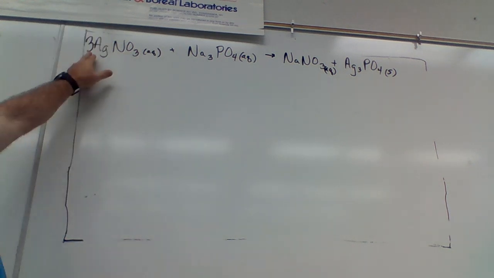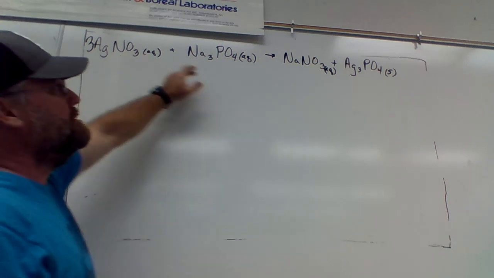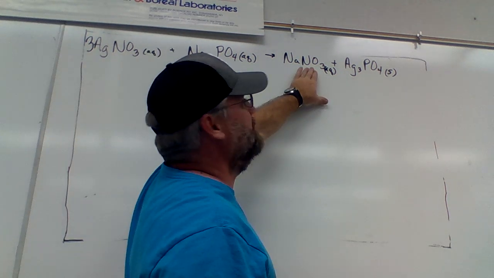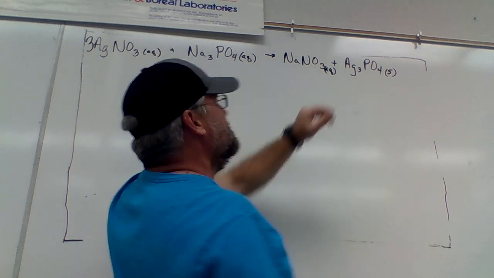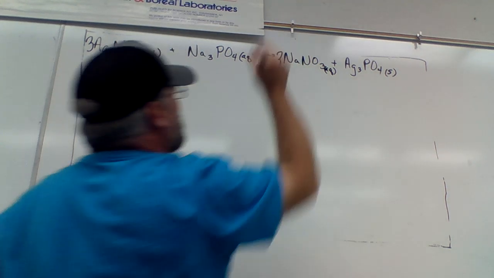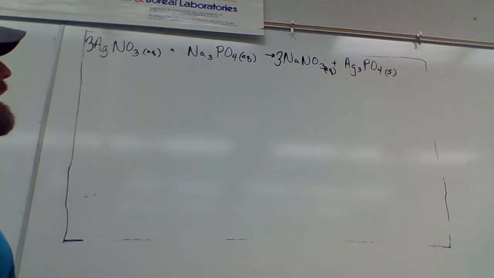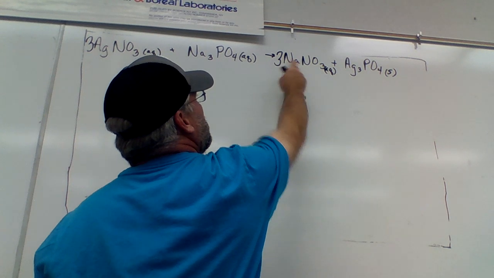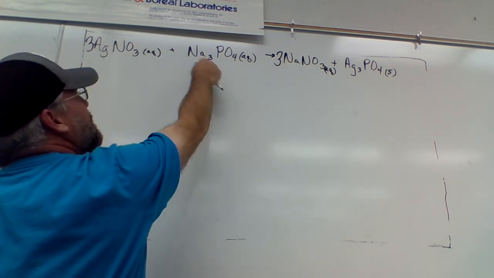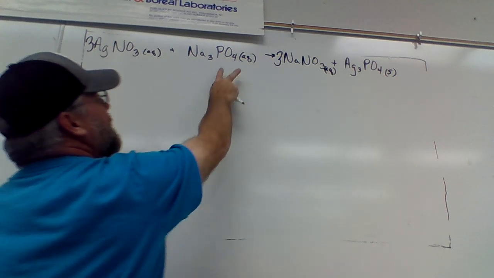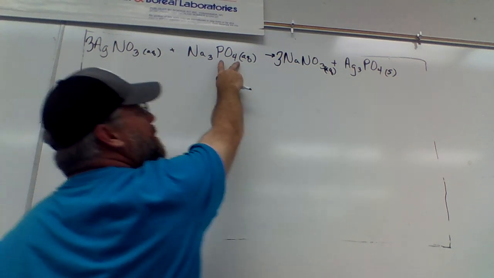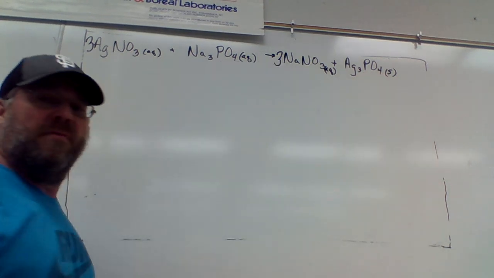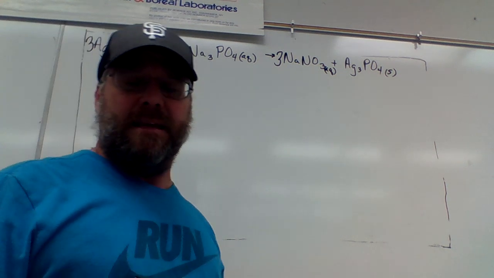Now I have 3 NO3s, and I only have 1 NO3 here, so I better put a 3 there. Now I check my sodiums. I've got 3 Nas there, 3 Nas there. I've got 1 PO4 there, 1 PO4 there. And that is now balanced.